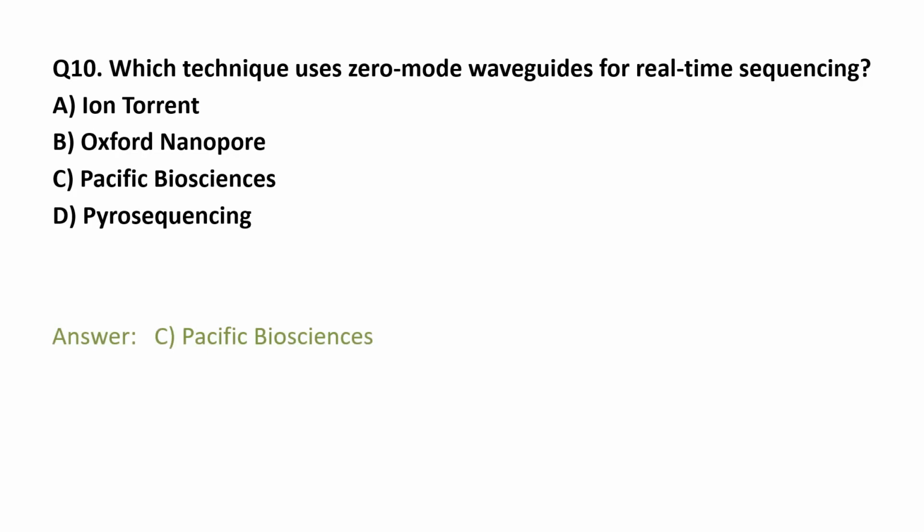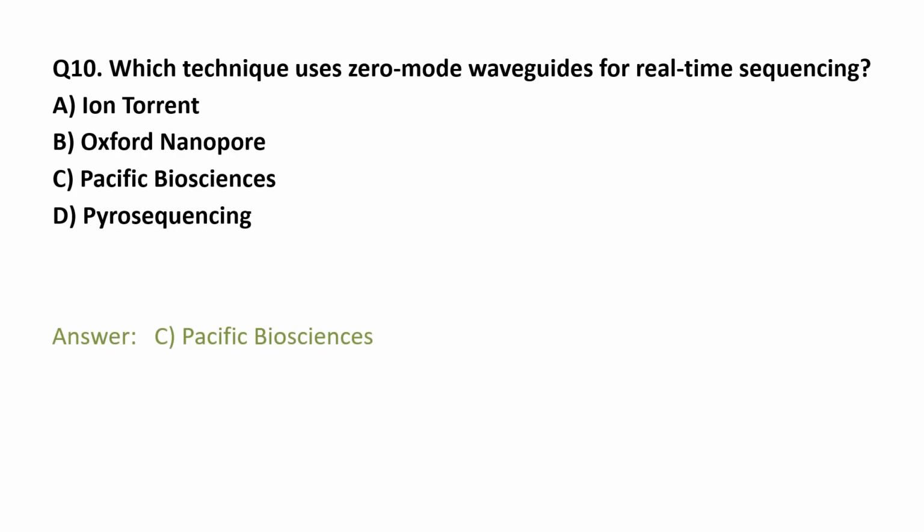So the answer is Pacific Biosciences. Zero mode waveguides are a core technology used in Pacific Biosciences single molecule real time sequencing technology. ZMWs are nanophotonic structures that confine light to extremely small volumes, enabling real-time observation of DNA synthesis at the single molecule level.